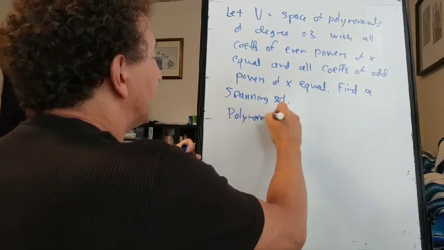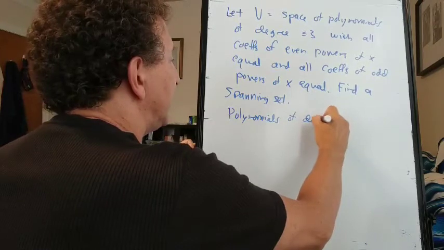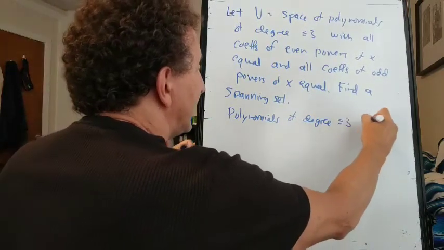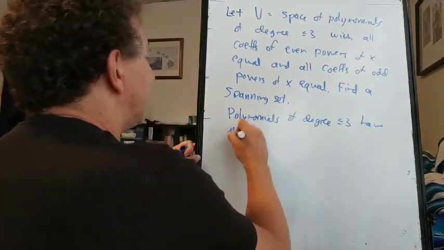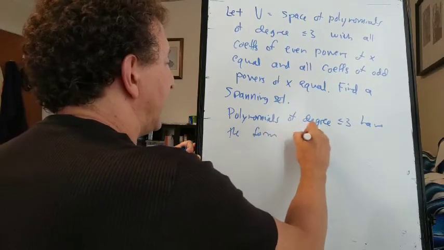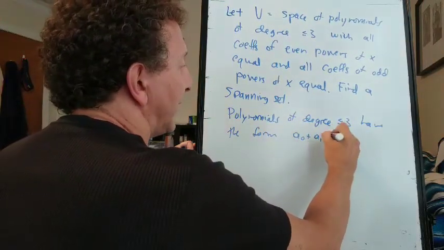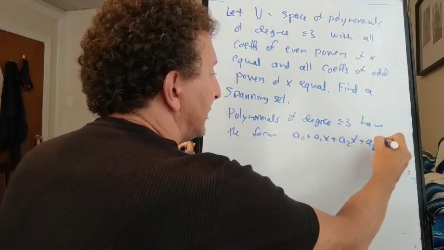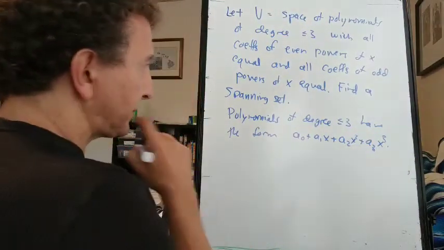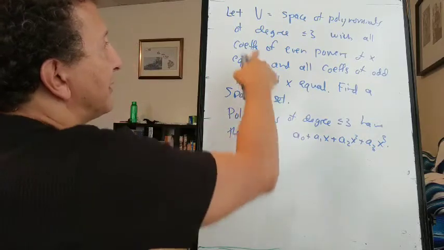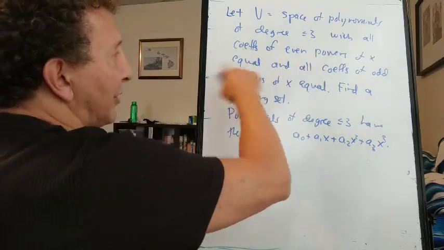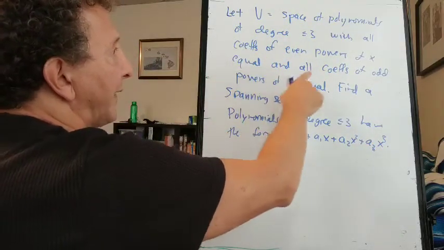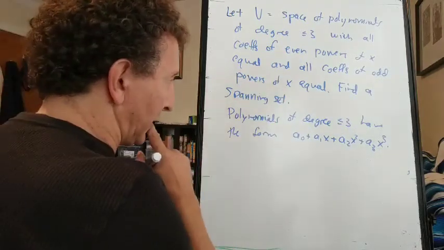They have the form a0 plus a1x plus a2x squared plus a3x cubed. But our condition says that the coefficients of even powers of x all have to be equal, and the coefficients of odd powers of x have to be equal.